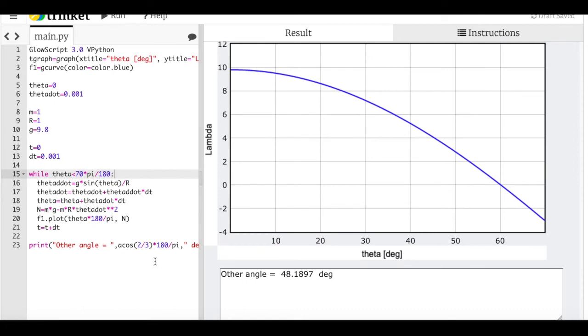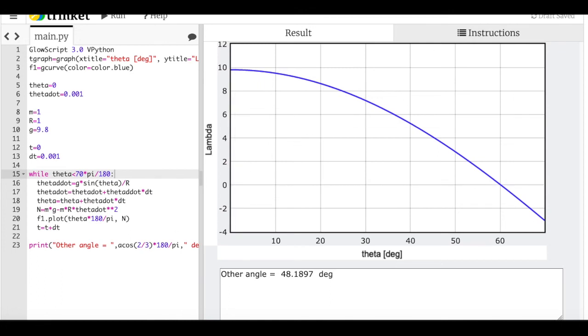Print arccosine of 2/3. That would be the angle in degrees. Hold on one second, I'm going to get my paper. Okay, I have arccosine of 2/3.